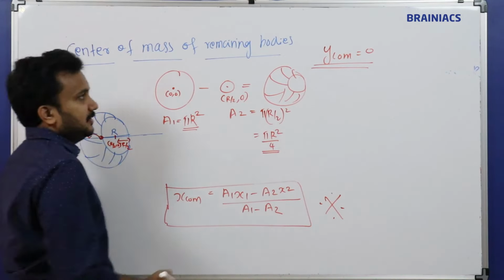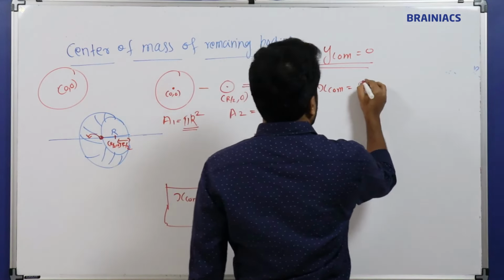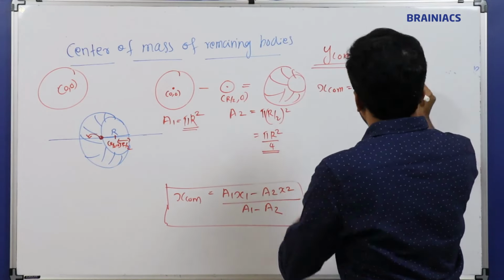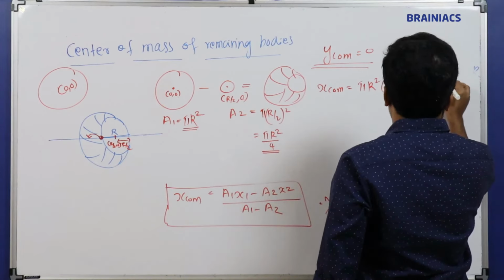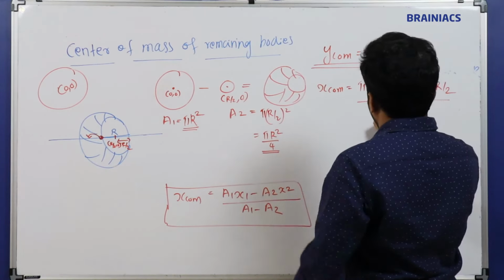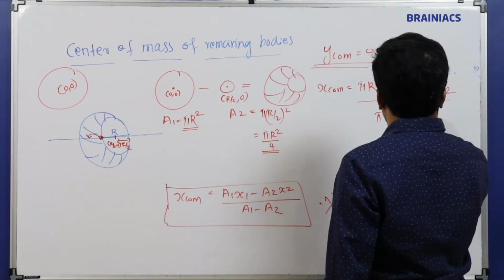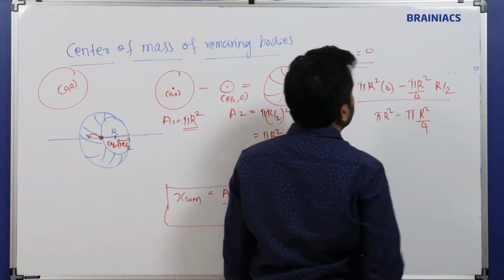So we'll find XCOM. XCOM is equal to the area, which we know is pi r square, times X1 which is 0, minus the second area pi r square by 4, times X2 which is r/2, divided by the areas, A1 minus A2: pi r square minus pi r square by 4.